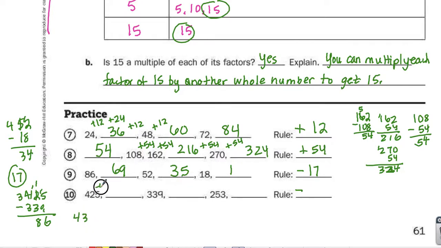So I must be subtracting 43. When I do that, I get 382. 382 minus 43 is 339. 339 minus 43 is 296. 296 minus 43 is 253. 253 minus 43 is 210.